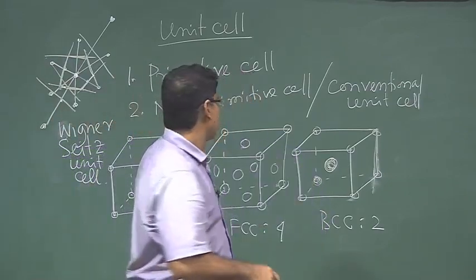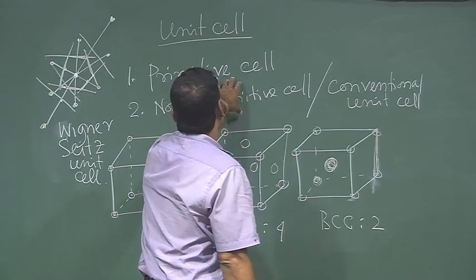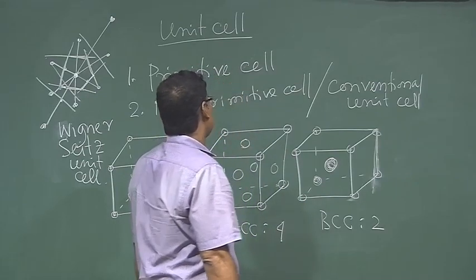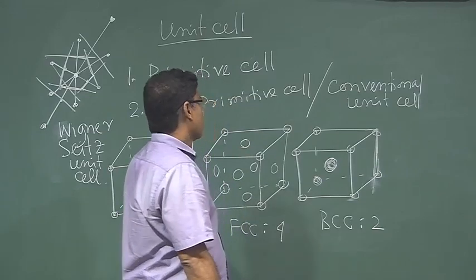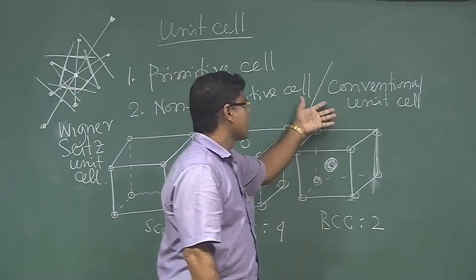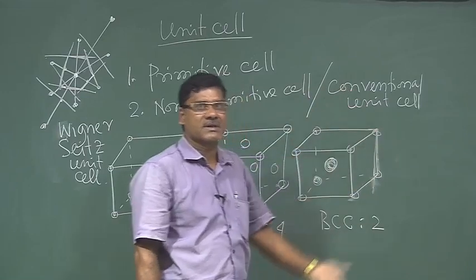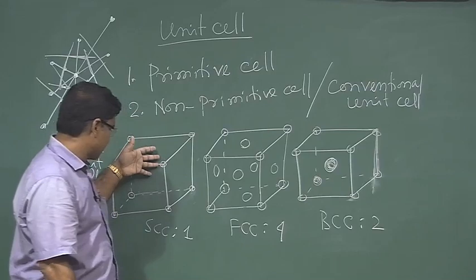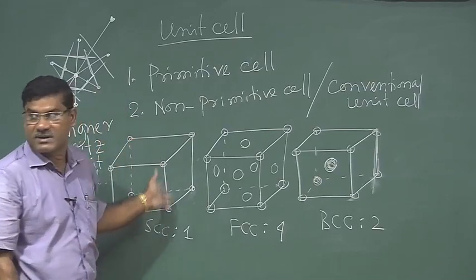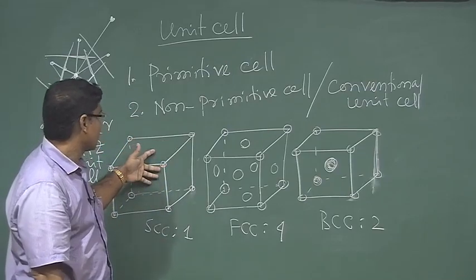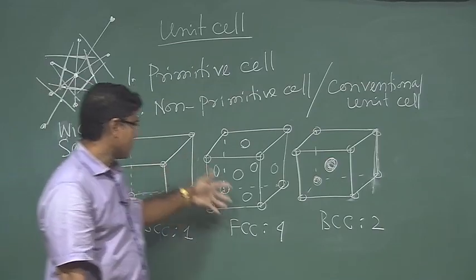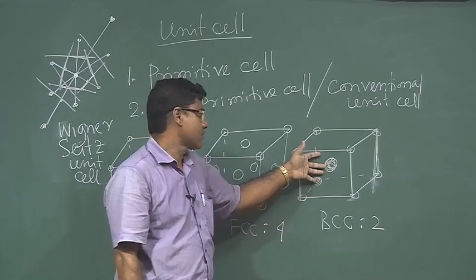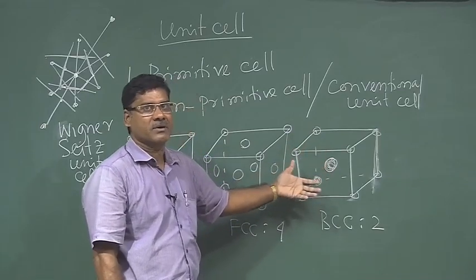So, this was about unit cells, whether primitive or non-primitive. The non-primitive type is called the conventional unit cell, which is used because of symmetry. In case of cubes, simple cubic is a primitive cell, whereas FCC and BCC are conventional unit cells, but these are preferable because of symmetry.